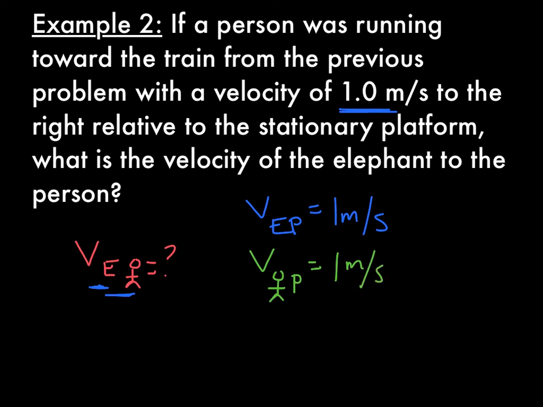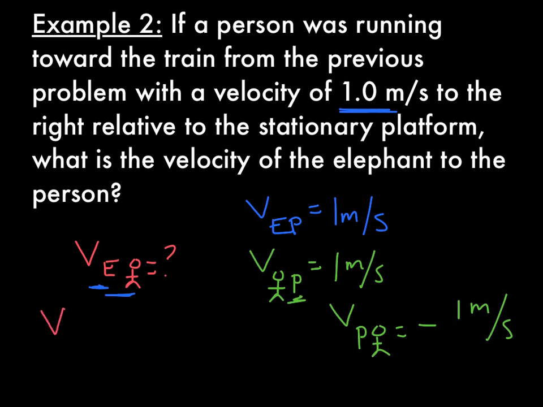Oh, but we can tell that these indices don't match. We can't mix them. So let's flip this one real quick. So we know that the velocity of the platform to the person equals negative 1 meter per second, because you just flip the sign. Flip the sign when you flip indices, because now we see it going the other way.